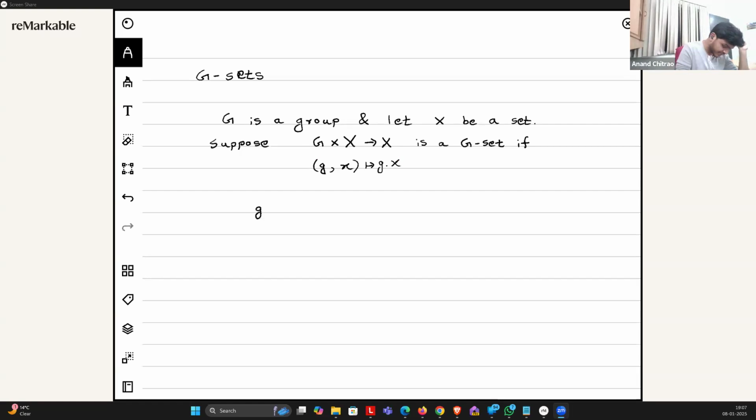The conditions are G dot (G prime dot X) is the same as (G G prime) dot X. This is something like the associativity condition, and E dot X equals X. The identity acting on any X is just X.